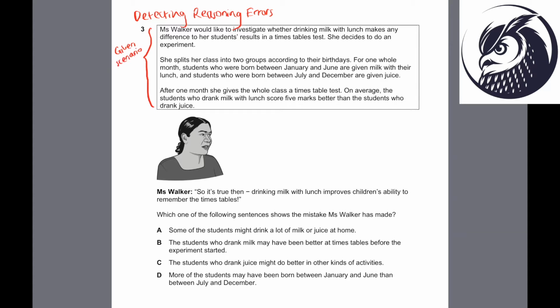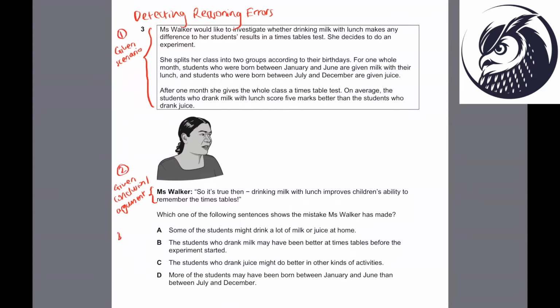And based on the scenario, someone is going to make some sort of conclusion. In this case, it's Ms. Walker, right? So there will be a given conclusion. Sometimes there will be an argument as well, right? Okay, and this conclusion is based on the scenario that's given to you. And the last step is, so this is step 1 and that's step 2.